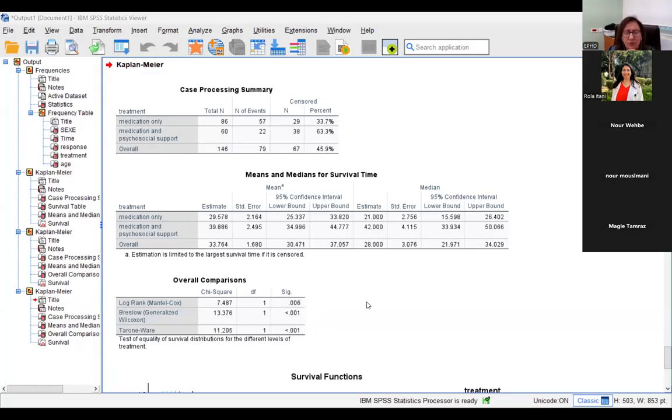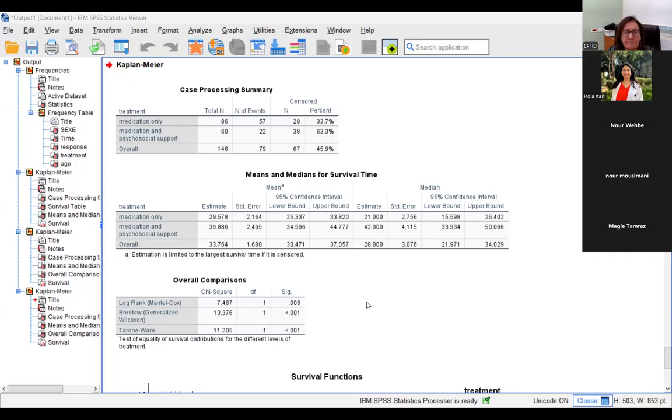Anybody would like to interpret? Yes, go ahead. For those who are only on medications, 57 out of 86 developed the event.